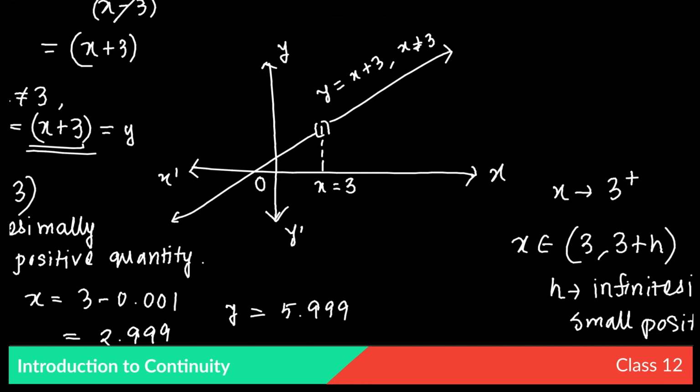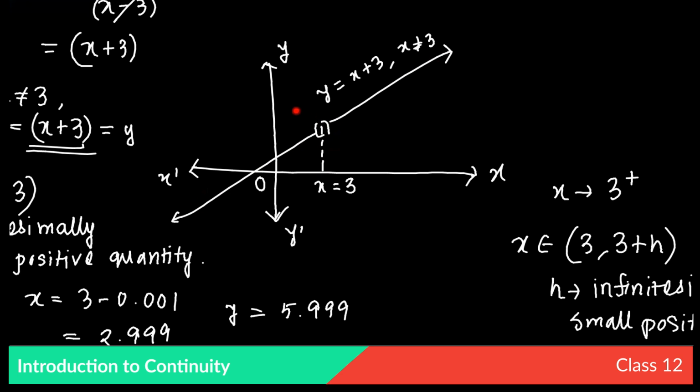Now if I draw this line, at x equals 3 it will be 6. So when I am plotting this graph, at x equals 3 the functional value of f(x) is 6, RHL is also 6 and LHL is also 6.